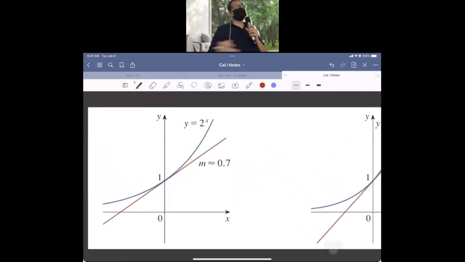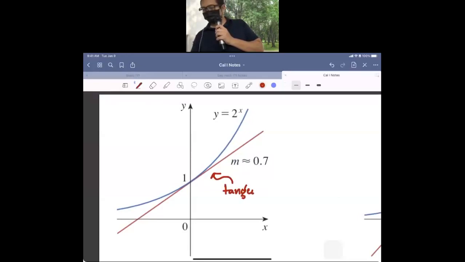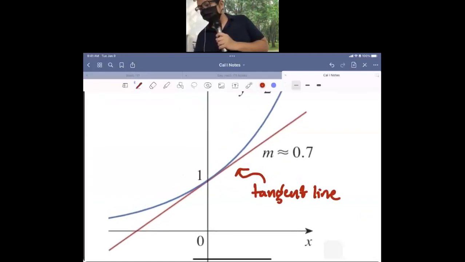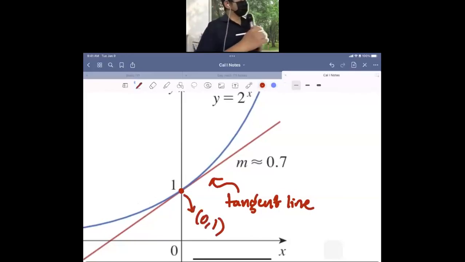Okay, if we look at the tangent line, of course, it will be the next chapter, but let me just tell you that this tangent line is when you have this curve, 2 power of x, and at this point, which is at 0, 1, we are going to have our tangent line.